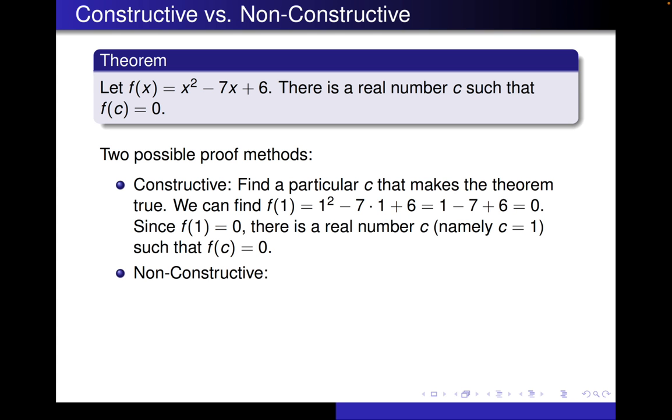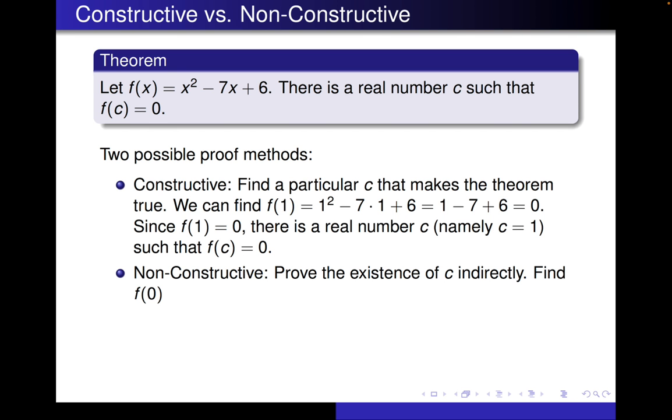And here's one possible way we can do this. We happened to just get lucky to find x equals 1 that works. But if we couldn't do that, or for some reason we were having a bad day and couldn't find one, then we could still prove the existence indirectly.